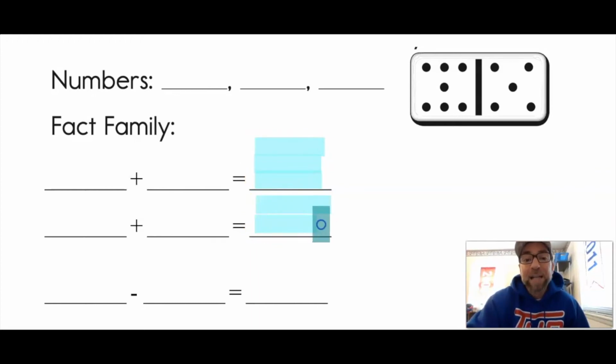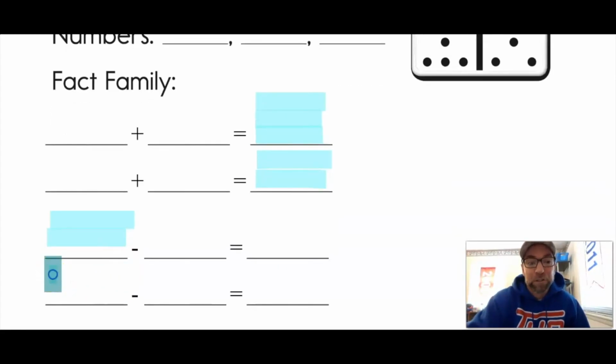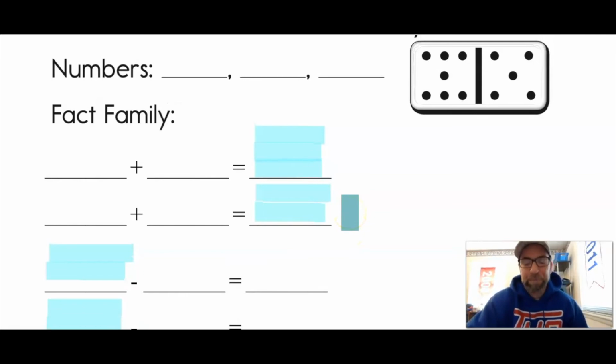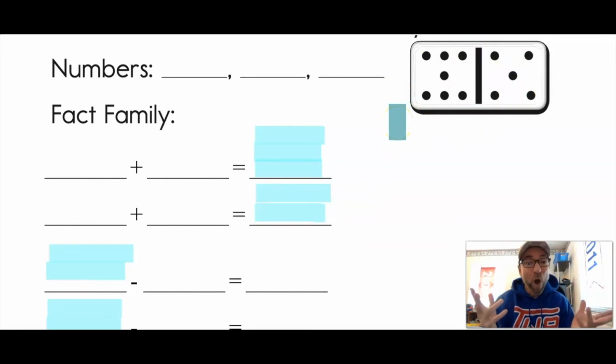In subtraction, the biggest number comes first. Go ahead and press that pause button. See if you can solve this problem on your own. Be careful when you count your dots, because if you count wrong, all of your facts are not going to be correct. All right, hit that pause and get started.